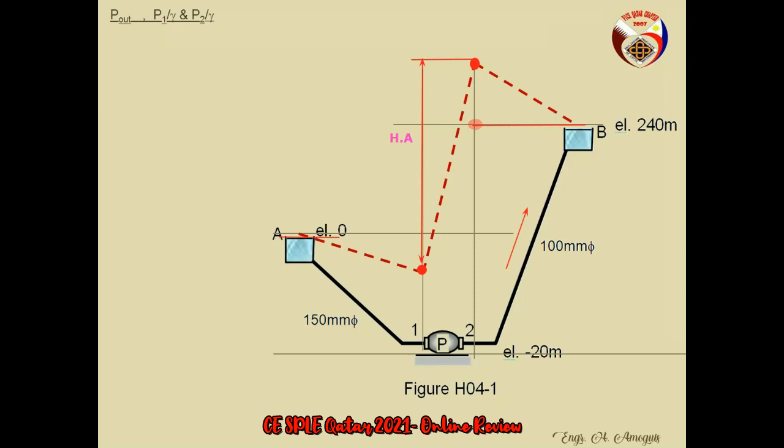The energy grid line always goes down in the direction of flow, because of friction loss. Alright?